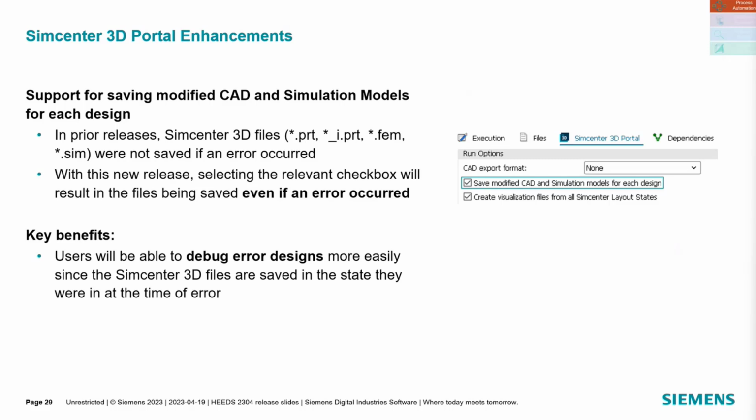Maybe the CAD failed to rebuild in that particular parameter configuration. Maybe there is some setting that was not specified correctly for that particular design. So being able to save that allows us to then go in and inspect exactly what is going wrong in the model. Has there been a divergence? Has there been some sort of inherent breakage of the model?